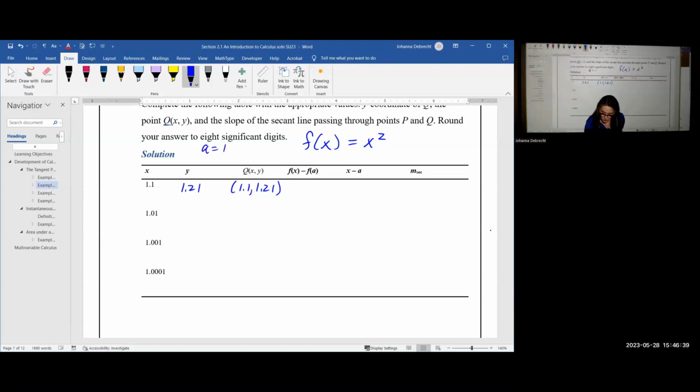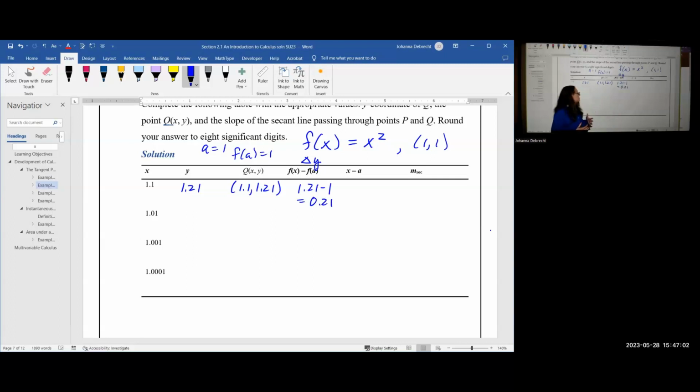So a equals 1 and f of a equals 1. So this is the ordered pair (1, 1). So the change in the y values is what we're representing right here. And this is going to give me 1.21 minus 1, which equals 0.21.